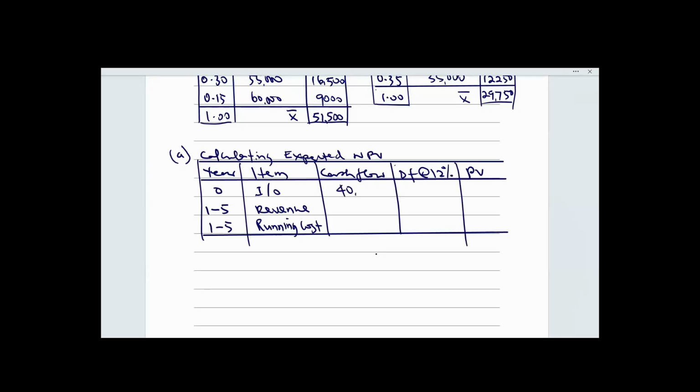We calculated expected revenue to be 51,500 and expected running cost to be 29,750. So somebody should give me the annuity factor, year 1 to 5 at 12%. 3.605. So multiply with 51,500.